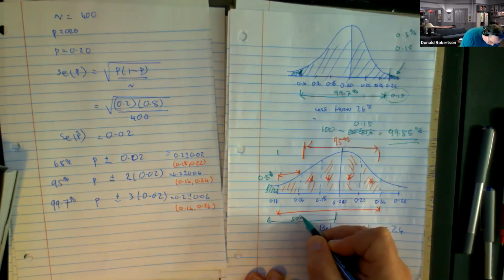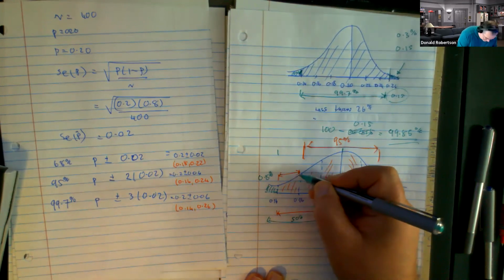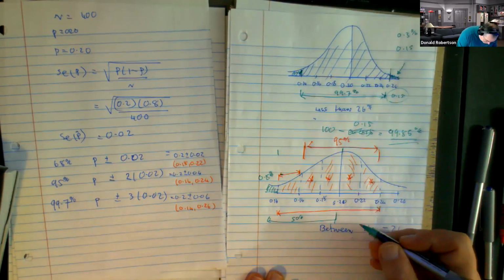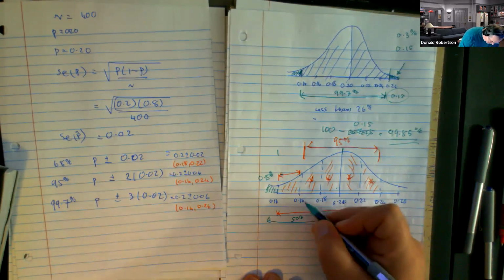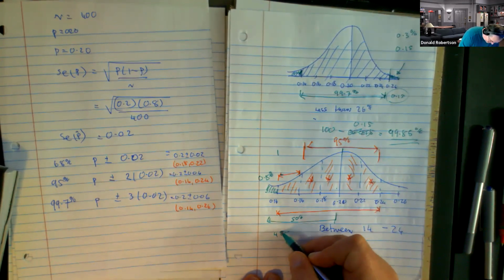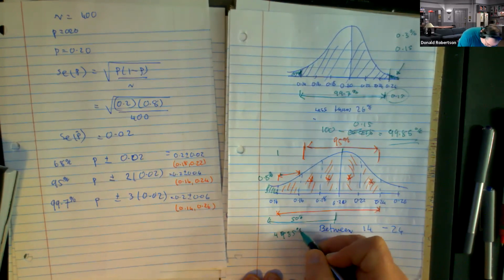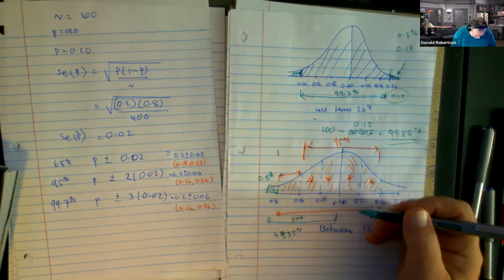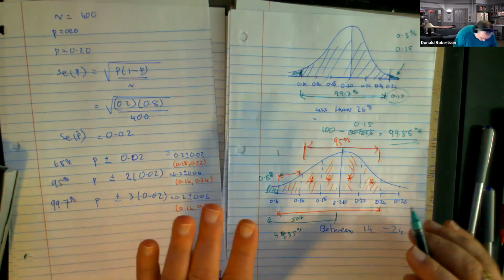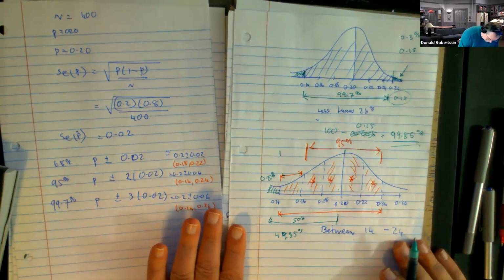And so what's left from here to here, all these three pieces, would be the other 49.85%. Oh God, I'm making a meal of this. It's a lot quicker than that. Well, okay then. So I've changed my process.